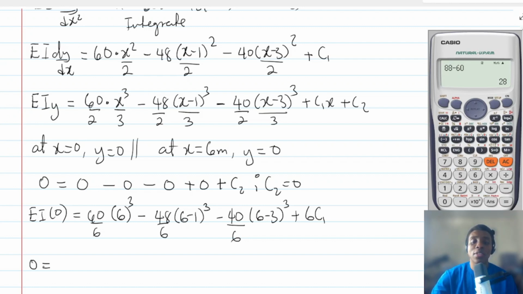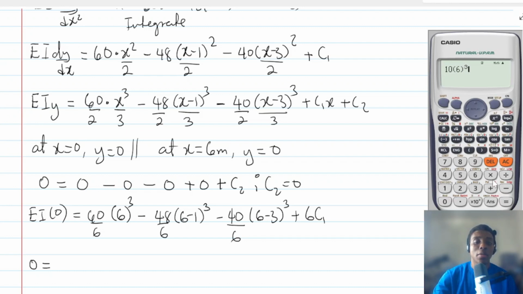So we have 0 is equal to 60 divided by 6, which is going to be 10, but let me do it together with you so that you'll be happy. 60 divided by 6 is 10, so we've got 10. Now, let's multiply everything. So it's going to be 10 multiplied by 6 raised to the power 3.